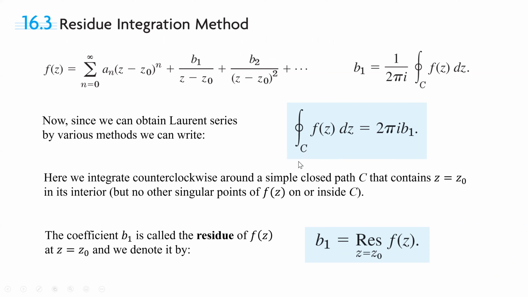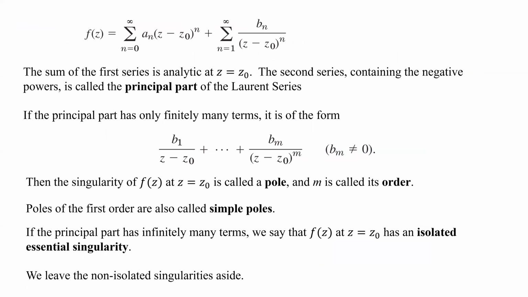All right. So this is basically the residue theorem, and we categorize the singular point at z naught based on how many terms we have in this principal part. If we have an infinite number of terms, meaning n goes from 1 to infinity, then we have an essential singularity.